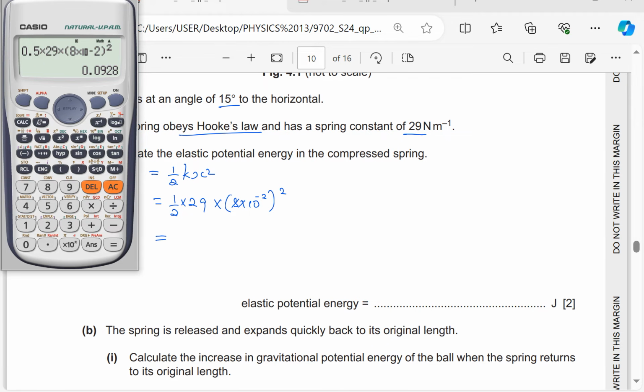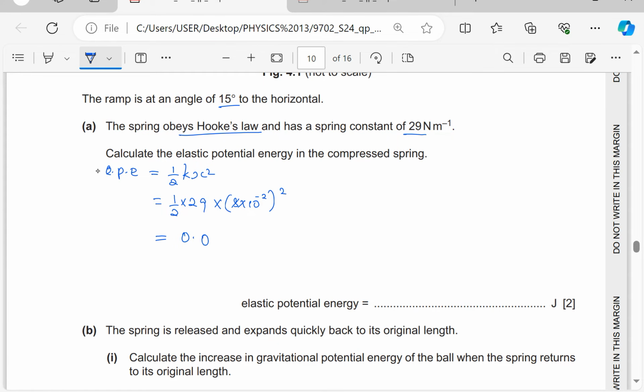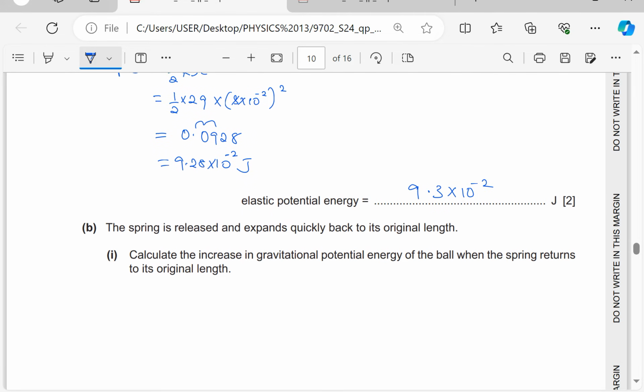So this is giving me 0.0928, or I'll write 9.28 times 10 to the power of minus 2 joules, not meters. Alternatively, I will round off to two significant figures for simplicity, so I'll write 9.3 times 10 to the power of minus 2 joules.